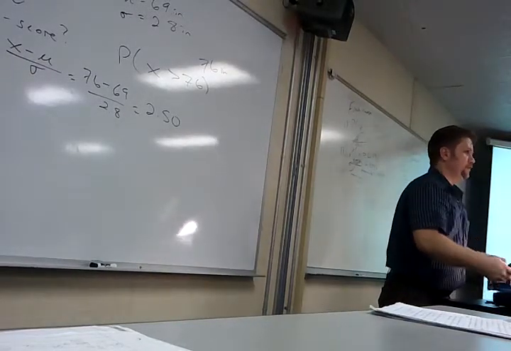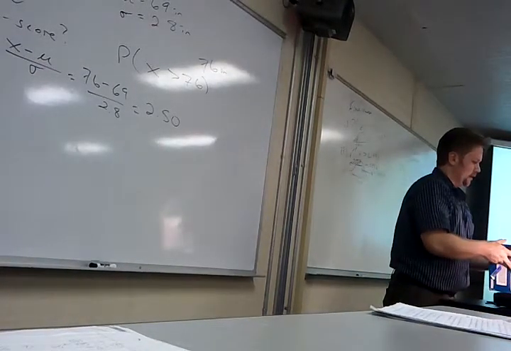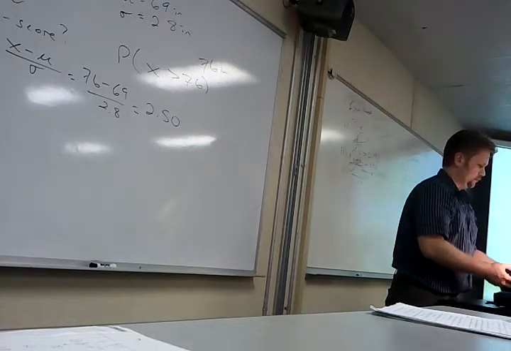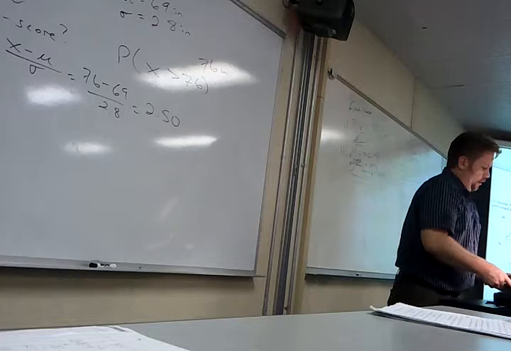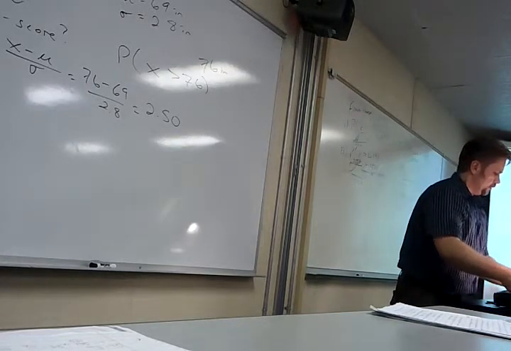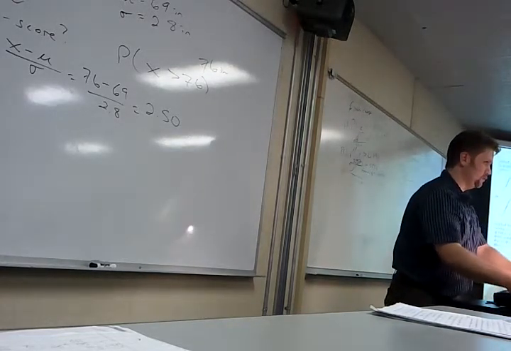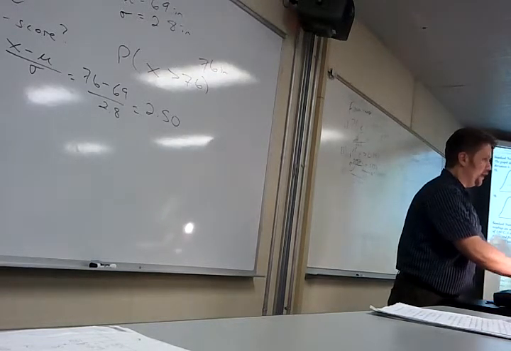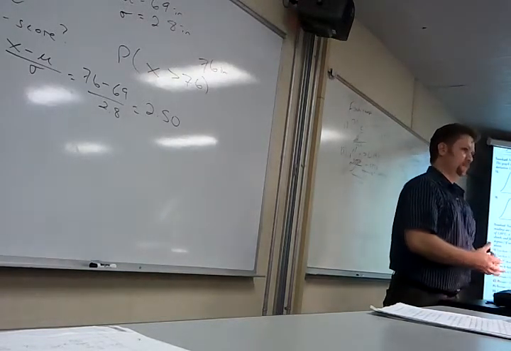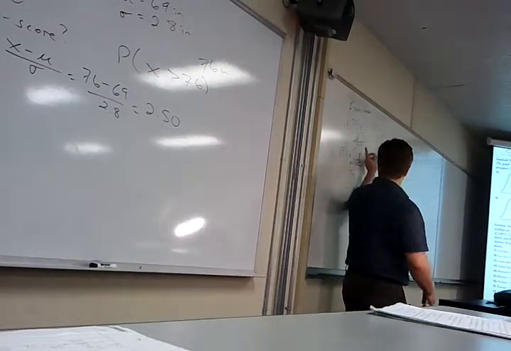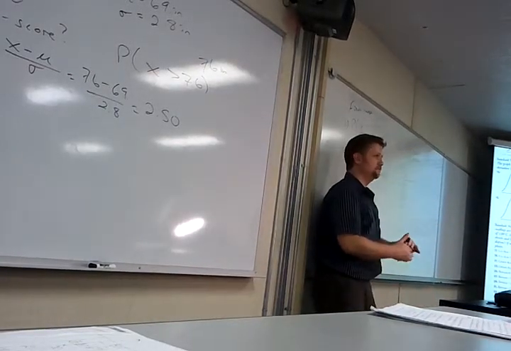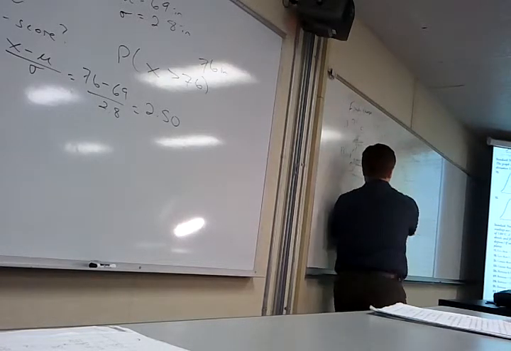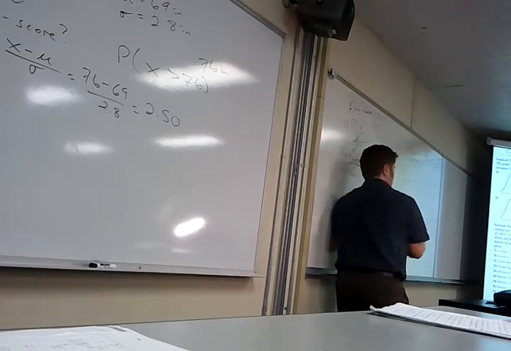So basically what we just did, just to make sure you guys understand this, because this is one thing I don't like about this book. Section 6.2 talks about temperatures all the time, but they have a mean of 0 and a standard deviation of 1. So if you convert those to z-scores, won't they be the same? They have a mean of 0, and a standard deviation of 1.